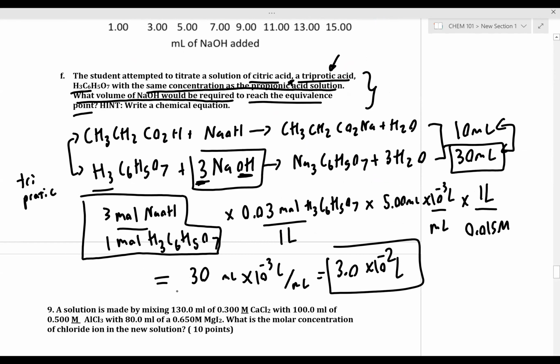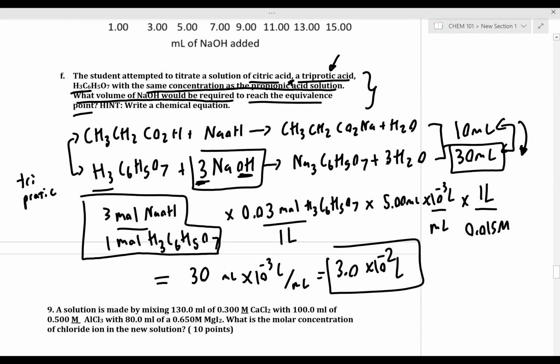That in turn gives us a volume of 30 milliliters, or 3.0 times 10 to the negative second liters, which is 3 times the volume required to titrate our monoprotic acid of the same concentration and of the same volume, which makes sense because based on our stoichiometry, it requires 3 times the moles of NaOH, looking at our chemical equation.